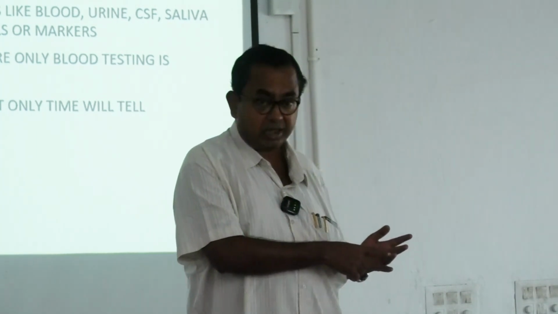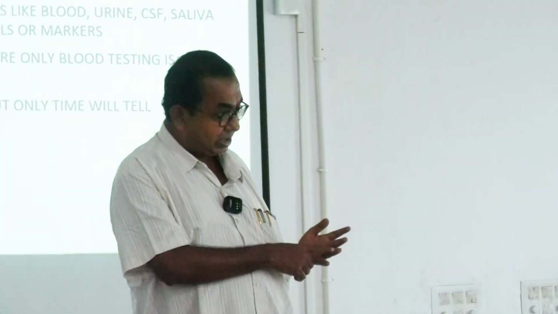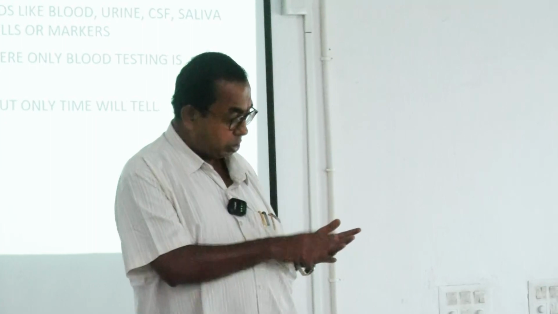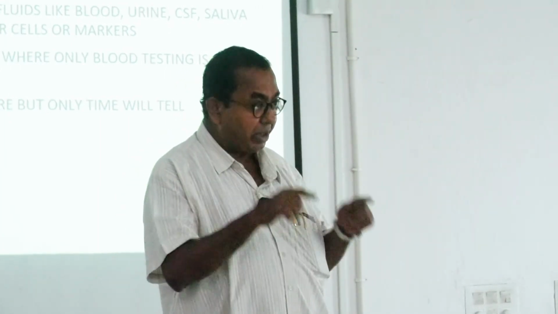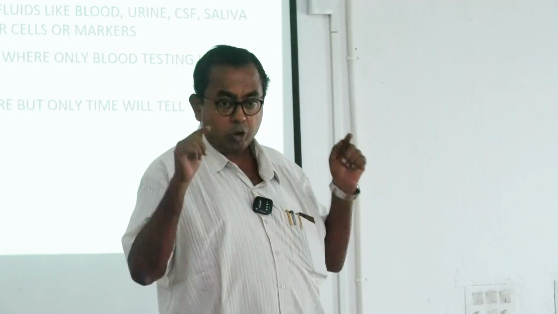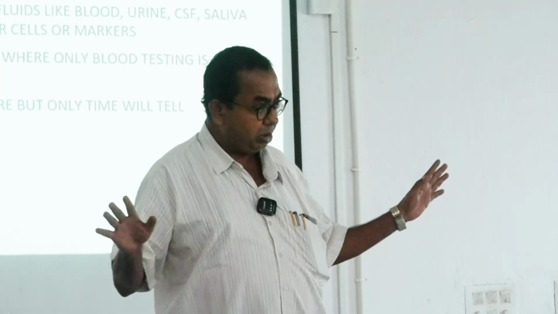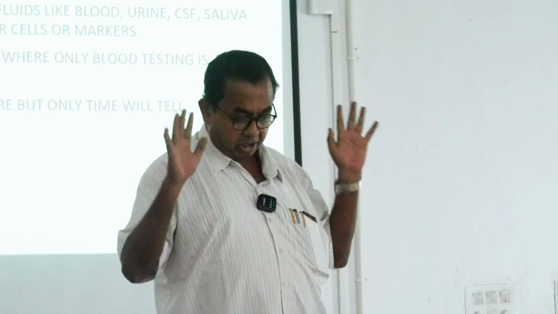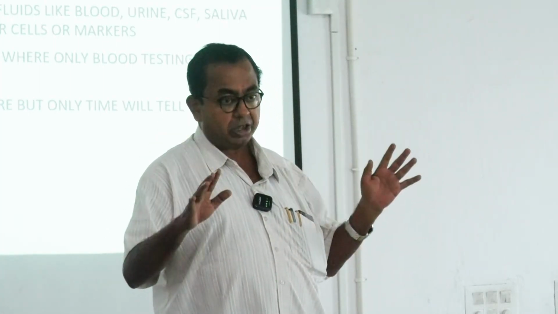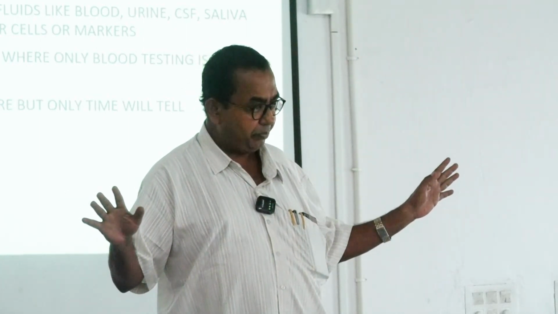Spiral CT, SPECT, single photon emission computer tomography, or PET scan. Okay? All those things. So, mind it. Whatever you do, you need a good team to do. Without that good teamwork, you won't be able. Clear? This is all about early detection of cancer and multidisciplinary approach to cancer. That finishes my topic for the day.